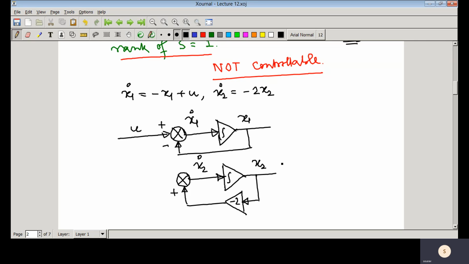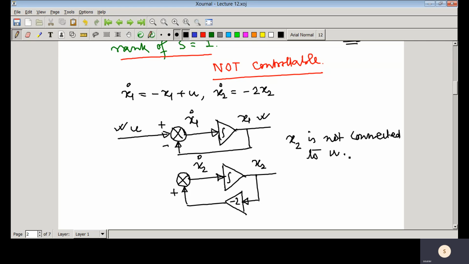So this is that state diagram. From this state diagram, you can understand that this control input is only driving this state. But that x2 is not connected. So here you can see that the x2 state is not connected to u.